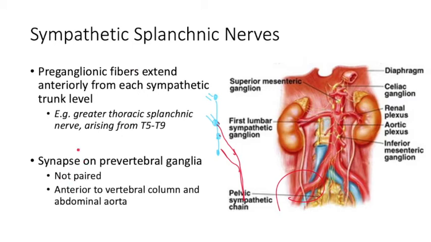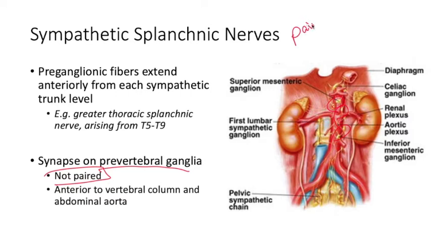Then, eventually, they travel along and reach what we call prevertebral ganglia. There's these yellow things. They have cell bodies of your postganglionic neurons in them. Facts about the prevertebral ganglia. First of all, they are not paired. I don't know if you remember what that means because we haven't talked about these terms in a while. I did at the very beginning of the term.